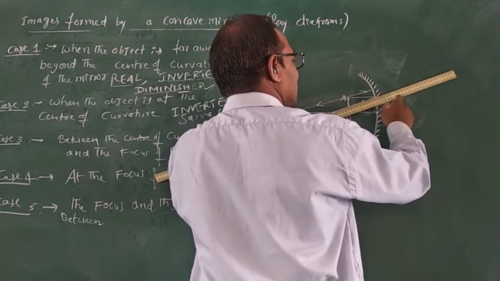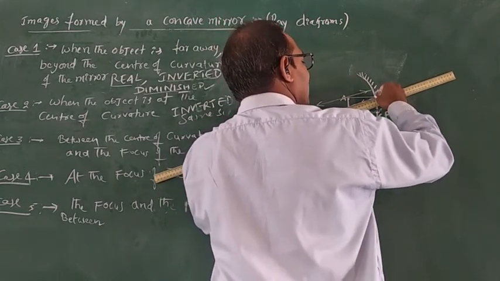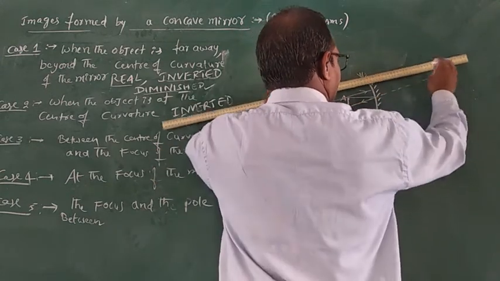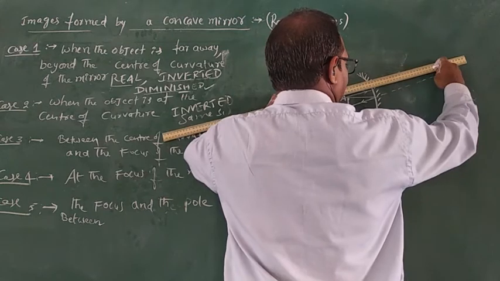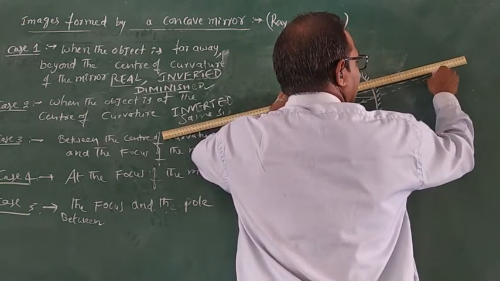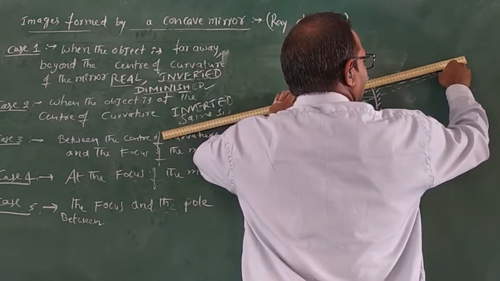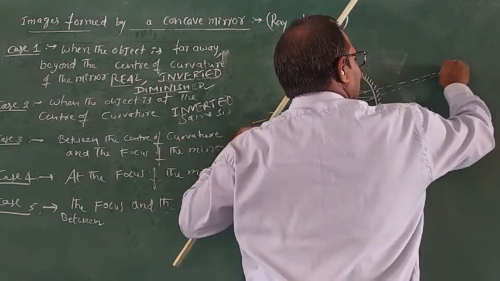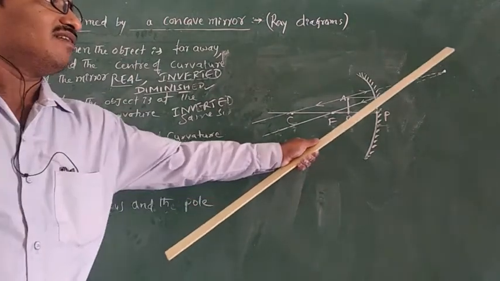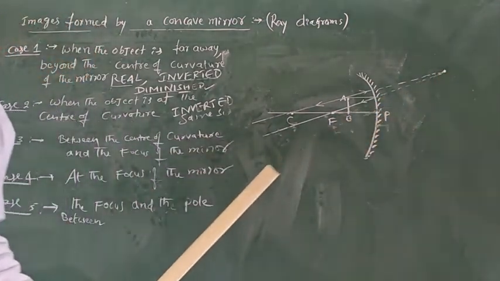We can expect the image to form inside the mirror. If you extend these lines, these rays may meet at a particular point, here.